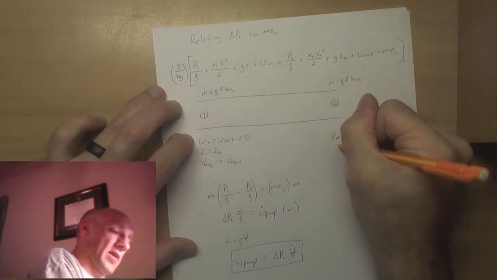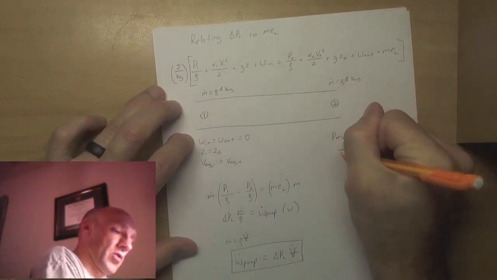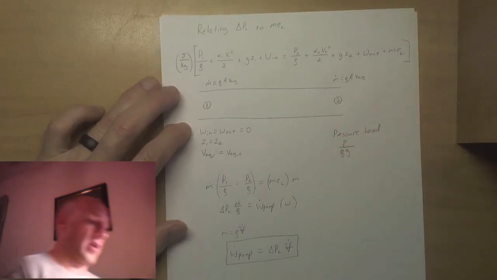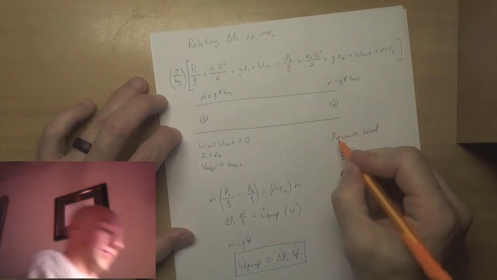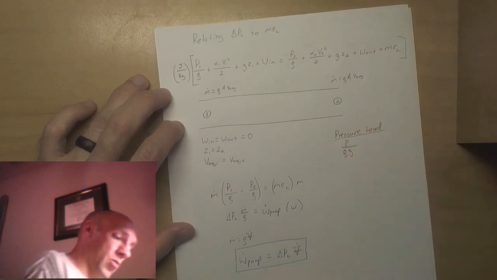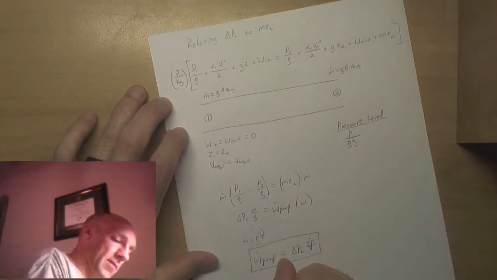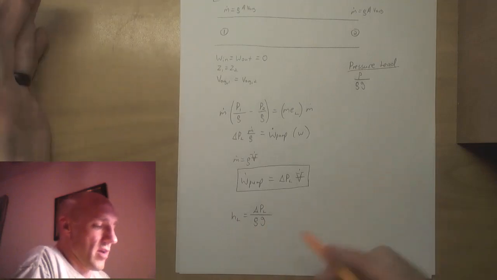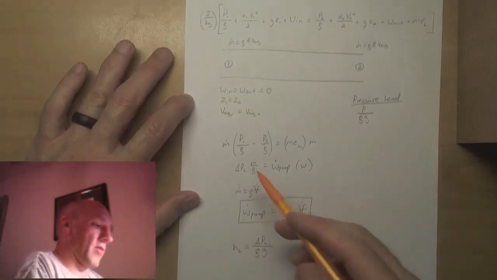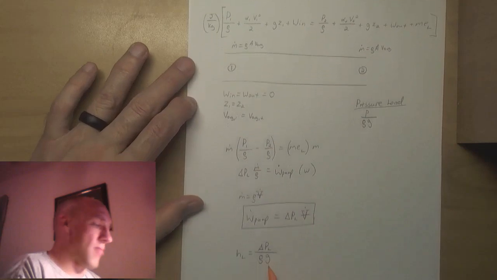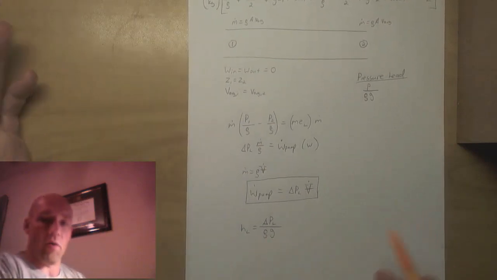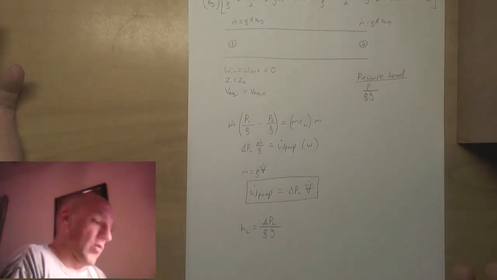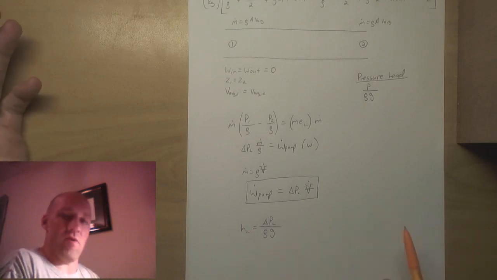The pressure head is just pressure over the density times gravity. So the head loss is just going to be the pressure drop divided by density divided by gravity. It's just another way of stating the same thing, right? Sometimes you'll hear the quantity given as head loss. Really the same thing, just two different ways of discussing it.